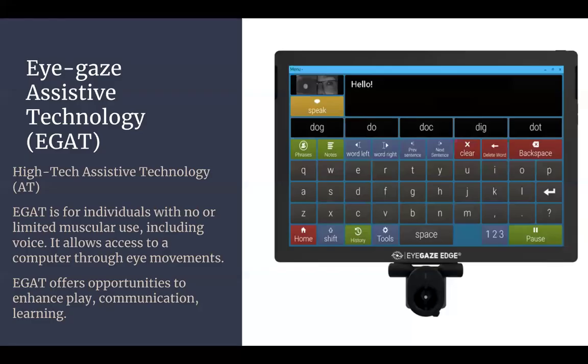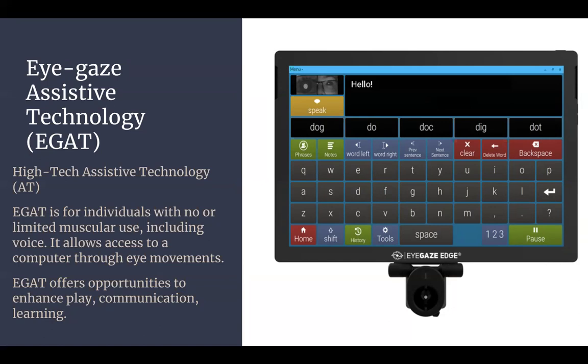So what is an eye gaze assistive technology device, or EGAT? It's a high-tech assistive technology versus a low-tech one, such as a PECS board or a static board, which a student might point at with their hands. An eye gaze device is for individuals with no or limited muscular use, including their voice.